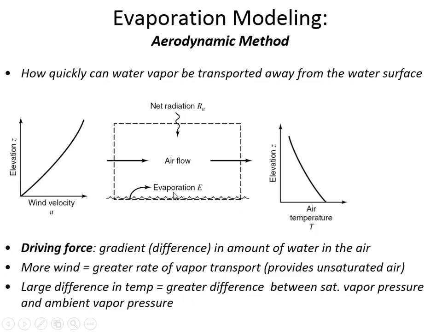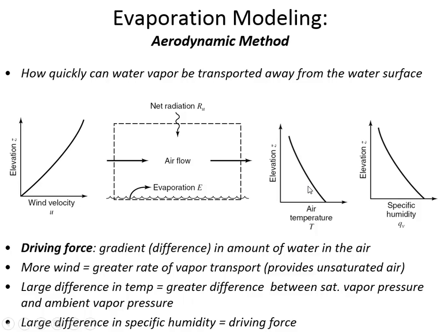Low velocity at the surface, increasing velocity aloft, so it's easier for transport to occur further away from the surface, but the temperature is lower up aloft. Because of that, the humidity is high at the water surface, and the humidity is decreasing as you go up because there's more transport up there, and also the temperature is lower.